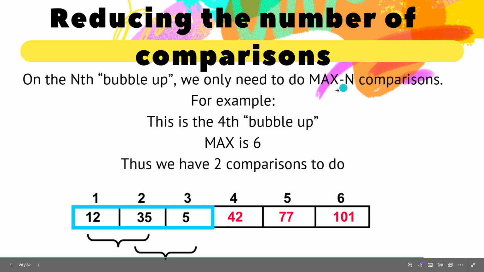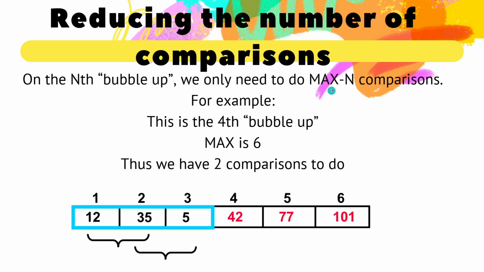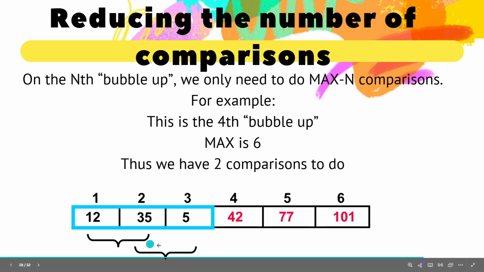The formula says that at this point we will have max minus n comparisons. Our max is 6 and this is our fourth bubble up operation. So 6 minus 4 is 2, and that is why we have only 2 more comparisons to make, between 1 and 2 and between 2 and 3. That is what we have shown here with this example.